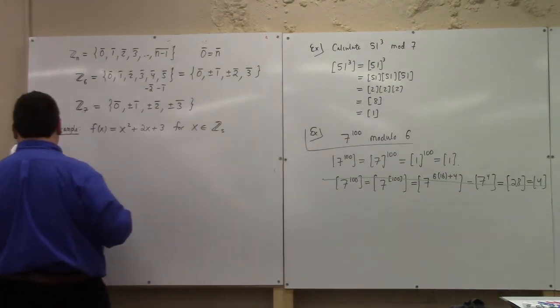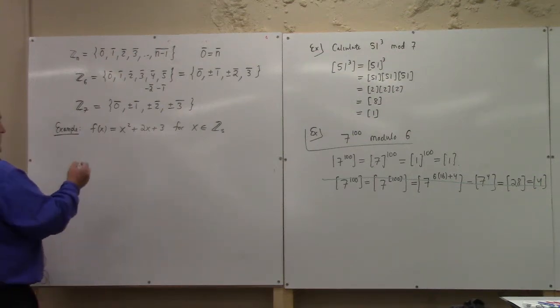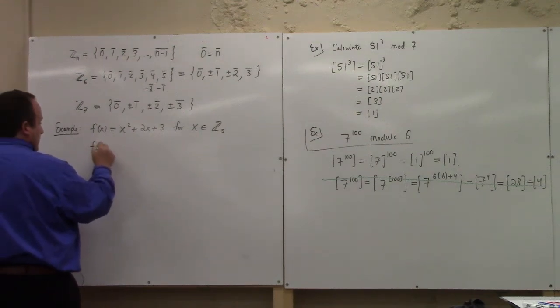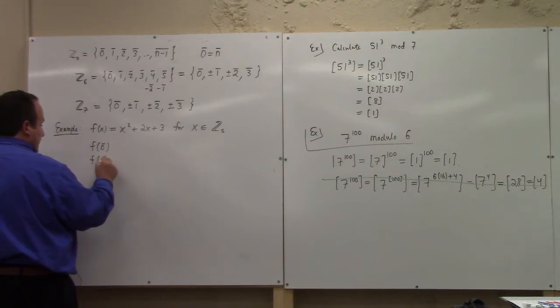So we can determine if f has a 0 by explicit calculation modulo 5. All I've got to do is plug in 0 bar, plus or minus 1 bar, plus or minus 2 bar.